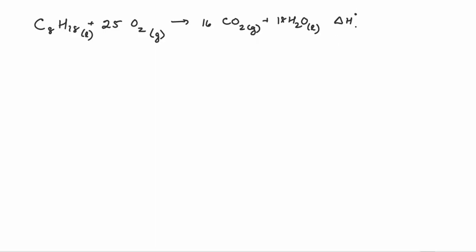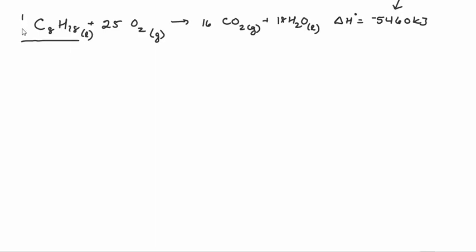So a lot of heat is given off. This is an exothermic reaction. And we can use this as a conversion factor because this is negative 5,460 kilojoules of heat given off for 1 mole of octane. Remember, the absence of a number here is not 0. The absence of a number is 1.